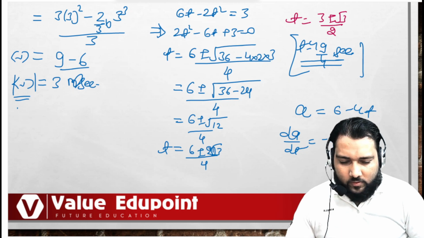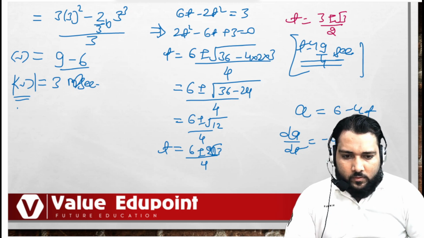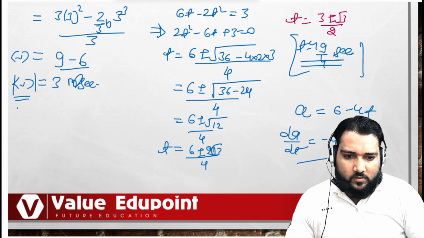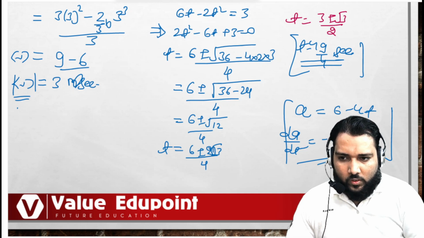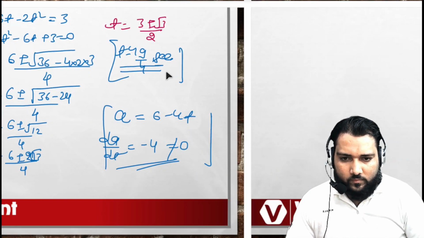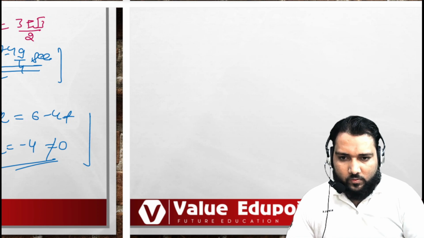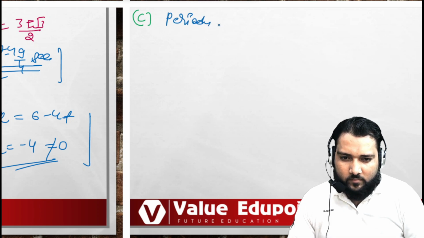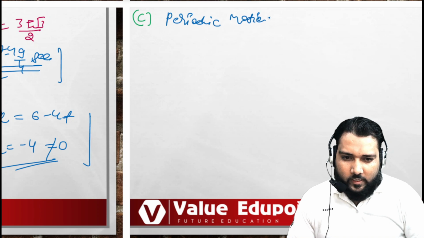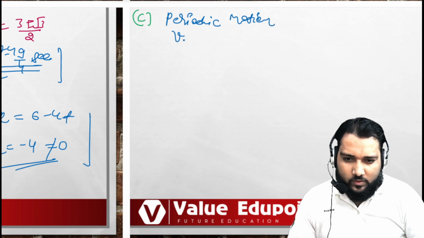So in this situation we cannot find the maximum value of this acceleration, so we use another concept for part C. This is periodic motion, and for periodic motion, where the velocity is 0, the acceleration will be maximum.